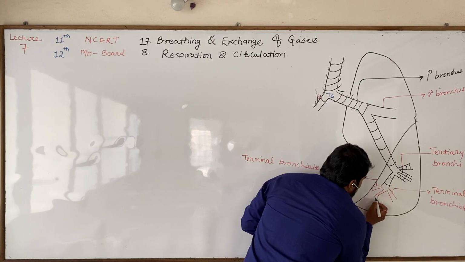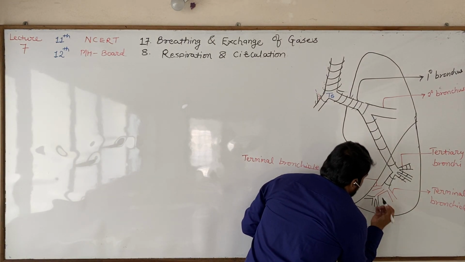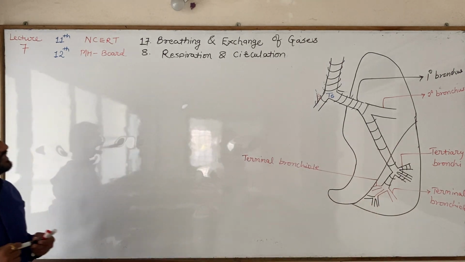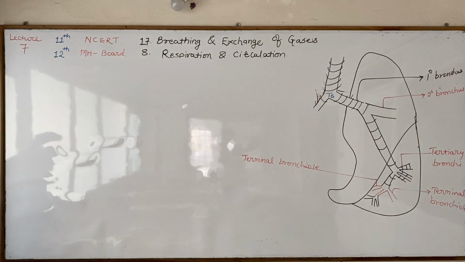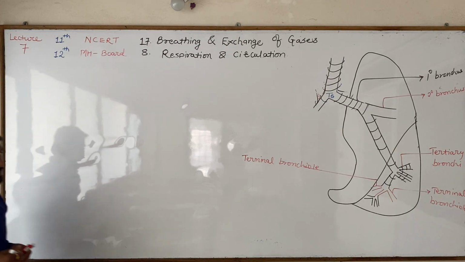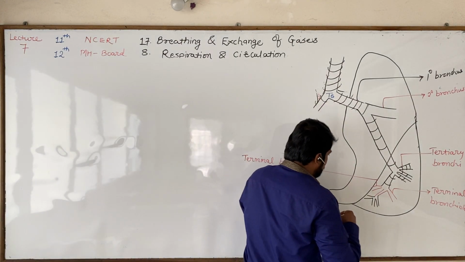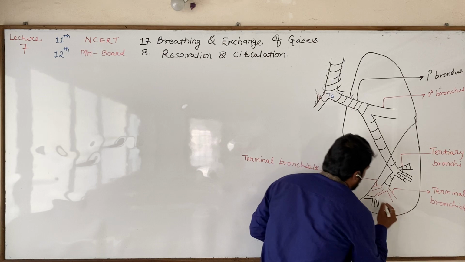And terminal bronchioles again divide into fine structures. And these fine structures are known as respiratory bronchioles. These are respiratory bronchioles.